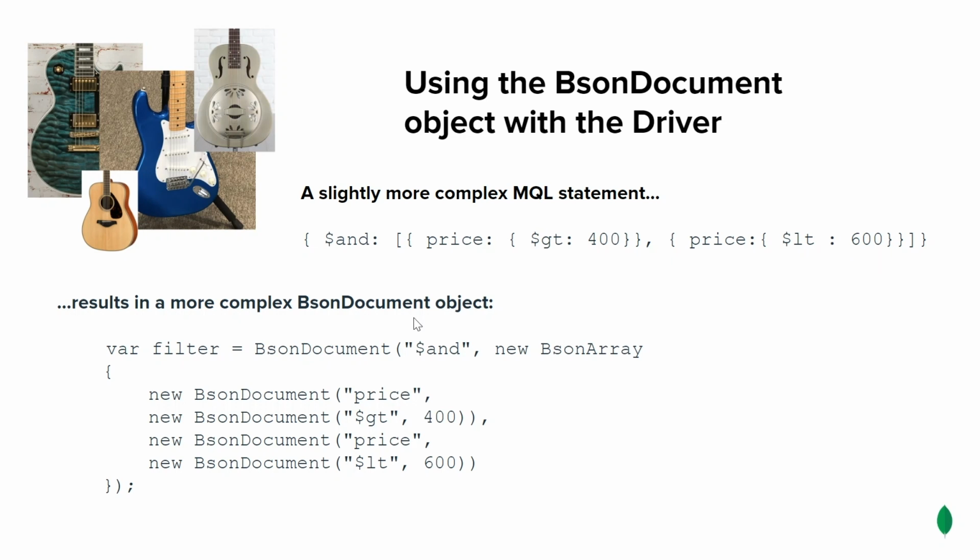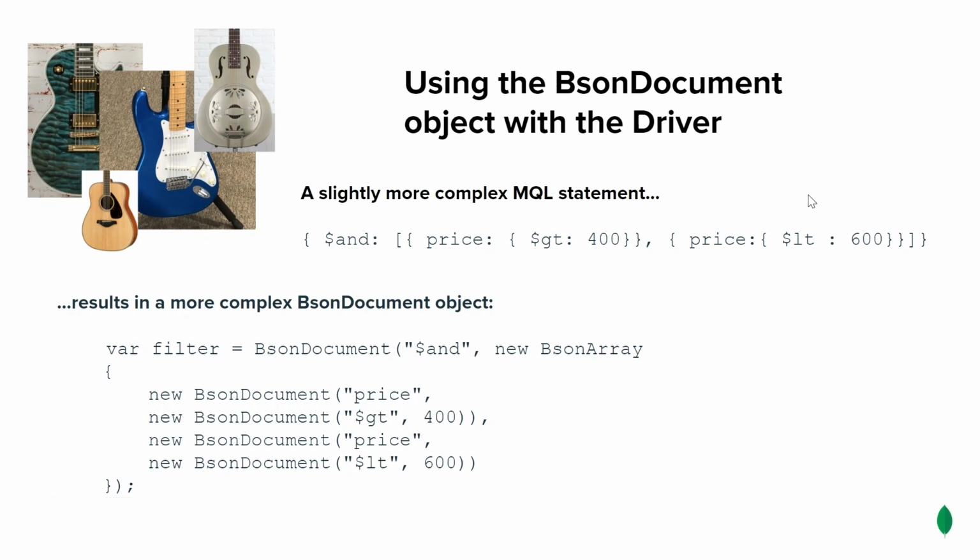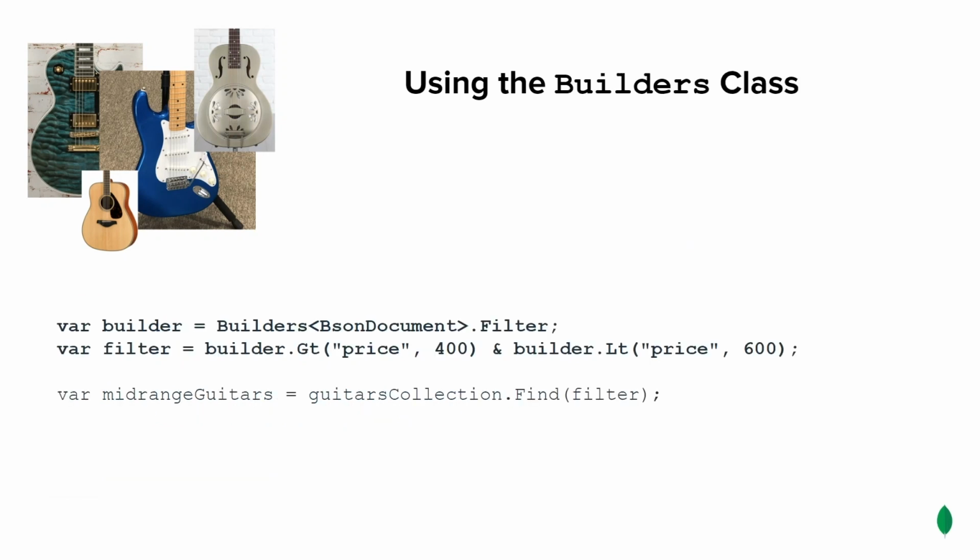Converted to the BSON document, now we have to create a BSON array for those various properties. It gets a little bit longer, and you can see that if you had a complex query, using the BSON document approach really can lead to some pretty long, wordy code, verbose, okay? Which is one of the reasons why the driver provides this builders class.